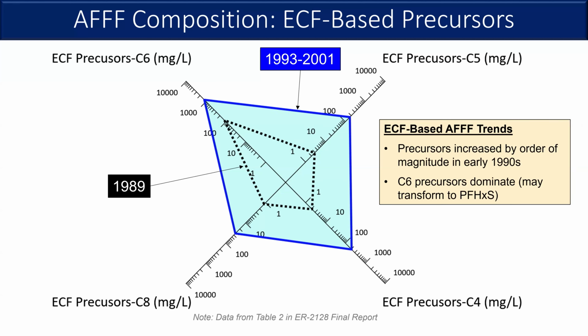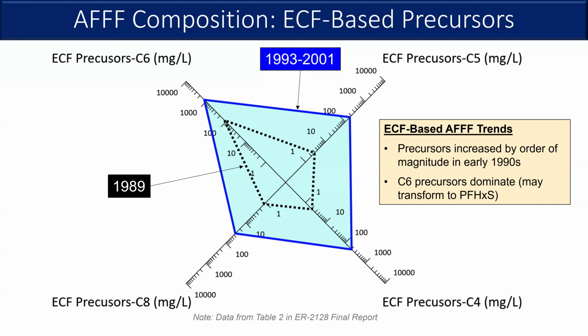In addition to the PFAAs, the ECF-based AFFF products also have a lot of precursors. You can see starting in about 1989, 1990, the precursors were heavily weighted towards what we call C6 precursors. Those are precursors that have 6 carbons in them, and those can actually break down to compounds like PFHxS. So these are sulfonate-based precursors. If they're C6, they'll typically degrade to PFHxS.